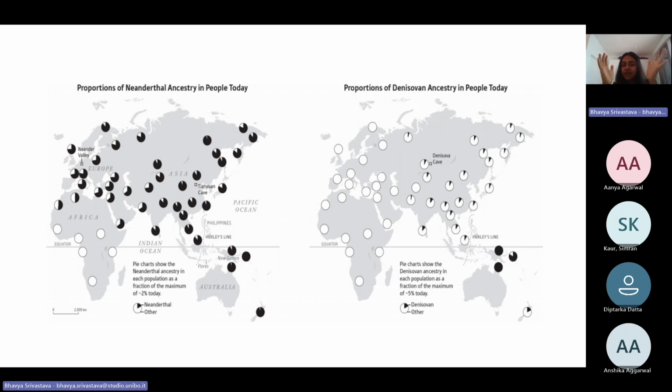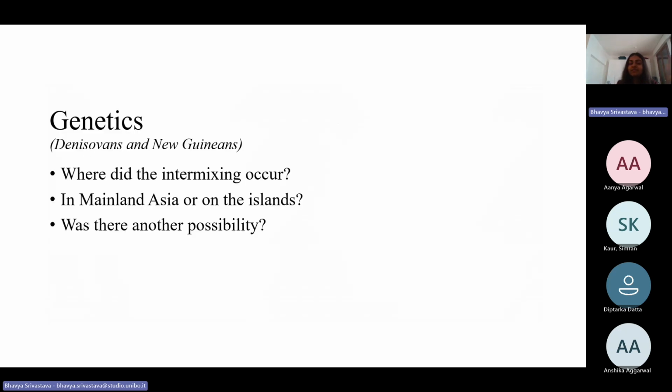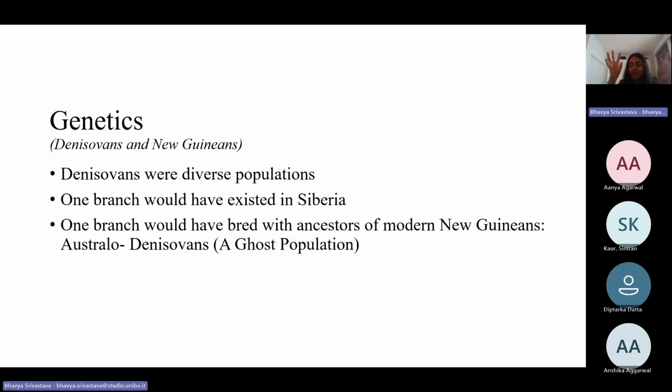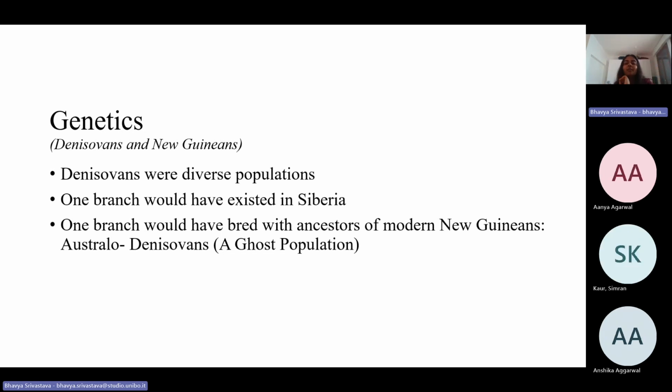That means Australo-Denisovans may have existed at a particular given time, but today we do not have any bones or fossils or anything to extract DNA from to understand more about them. It's something that has been only constructed because of DNA sampling from other species or subspecies that a ghost population was identified. There are a number of ghost populations that exist and have been found out in genetic studies.